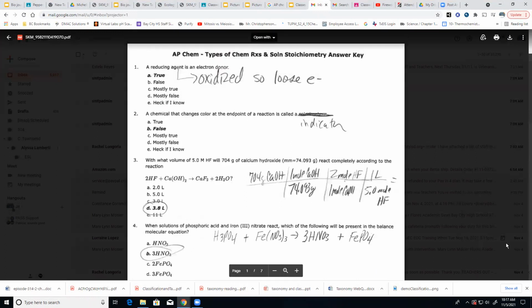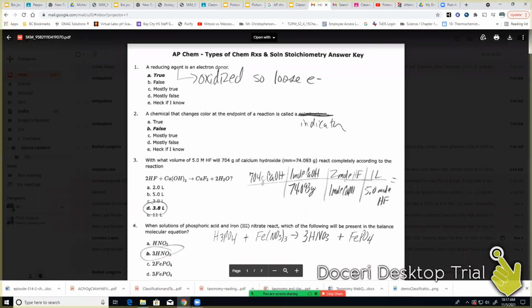And I'm just going to kind of move through these, and if y'all have questions, then just stop me on that one. So if something is a reducing agent, that means it was oxidized. I think it loses electrons.